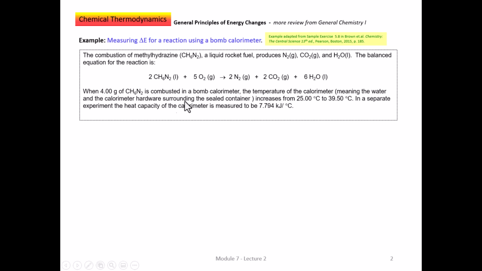Now, in a separate experiment, the heat capacity of the calorimeter itself, meaning the water in the calorimeter, is measured to be 7.794 kilojoules per degrees C.